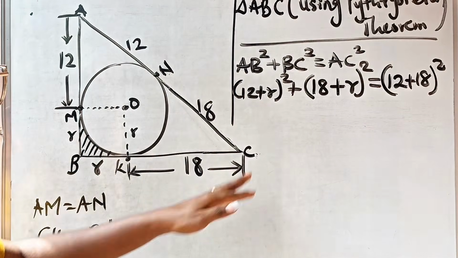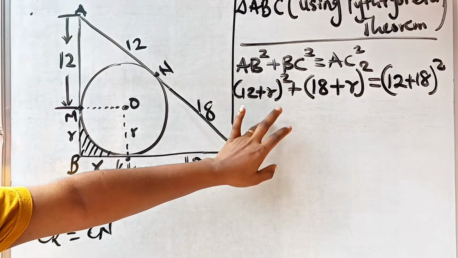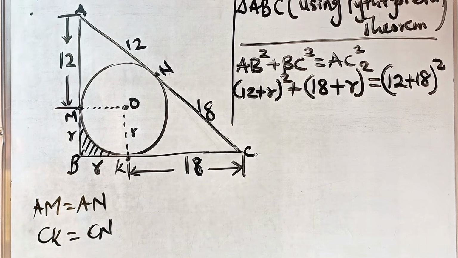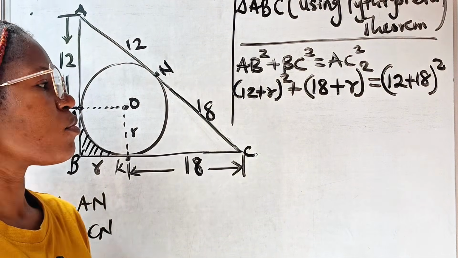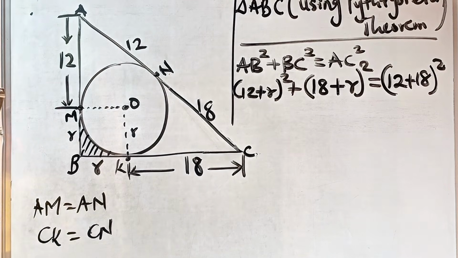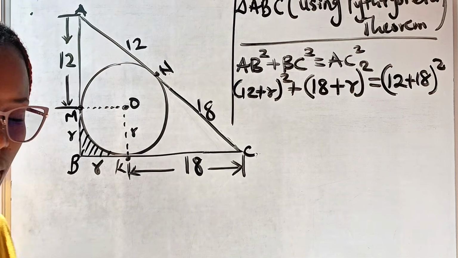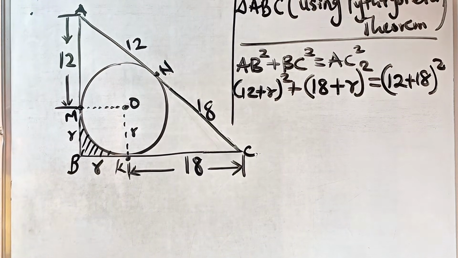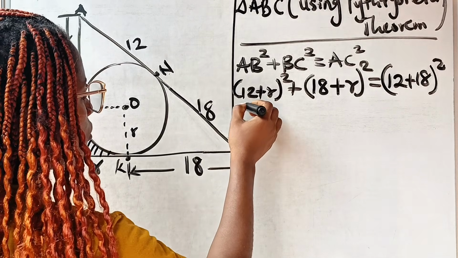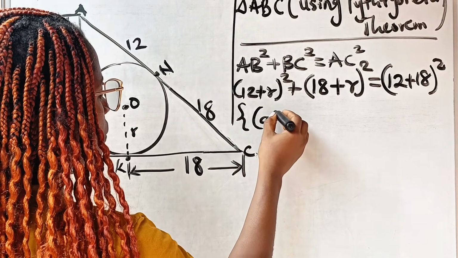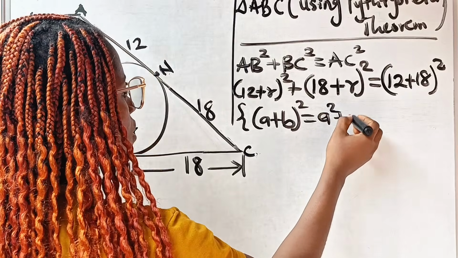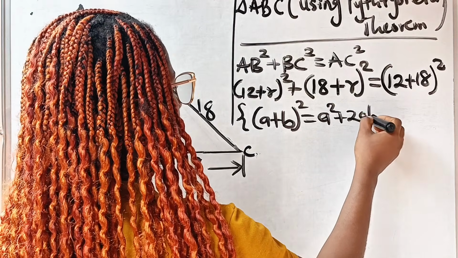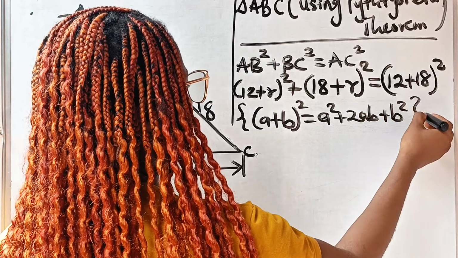Now this is going to be long, so I need a space for it. Let me start with this side. Recall that (a plus b) squared is equal to a squared plus 2ab plus b squared.